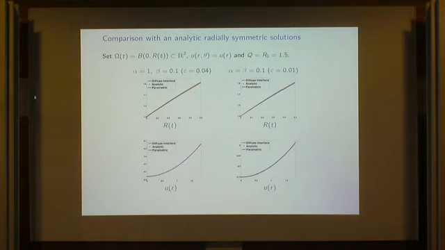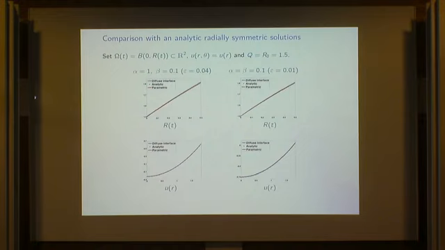If we change the parameters, on the left-hand side we've taken epsilon to be 0.04. Epsilon, remember, is the width of the interfacial region in the diffuse approximation, and also remember that we need to take 8 times h to be pi epsilon. So the value of epsilon determines the mesh size that you use: the larger the value of epsilon, the larger the value of h you can use.